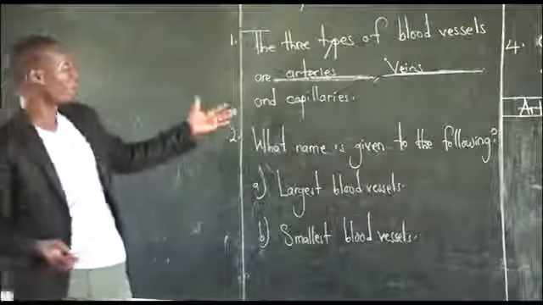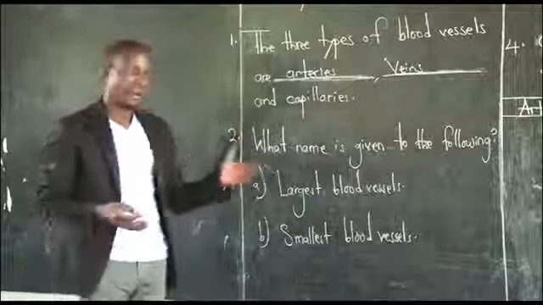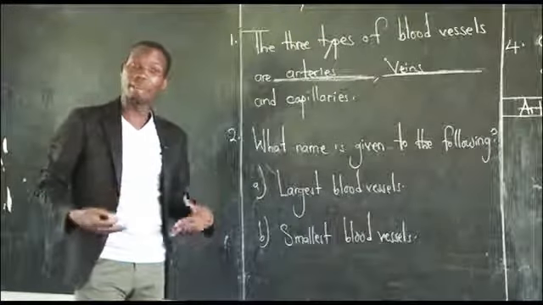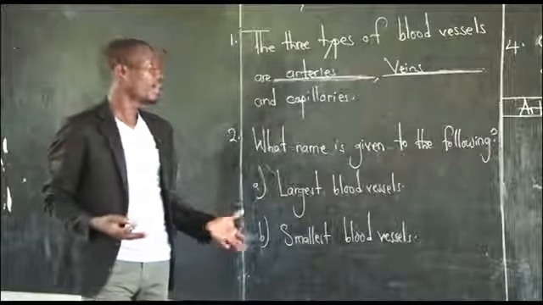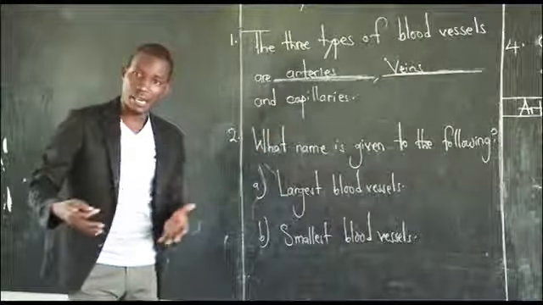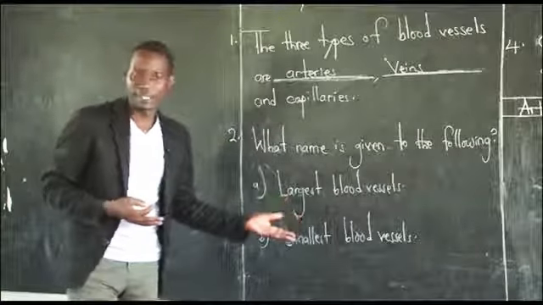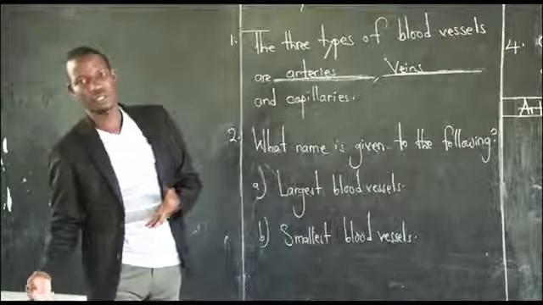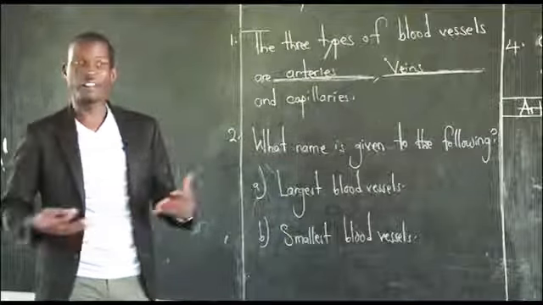Remember, the arteries are the largest blood vessels, followed by veins, which are medium in size. Then capillaries are the smallest blood vessels. So when they ask you which is the smallest, largest, or medium, it becomes quite easy for us to answer.